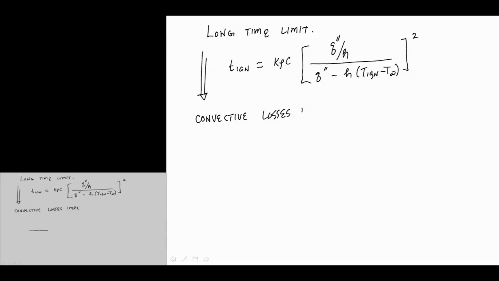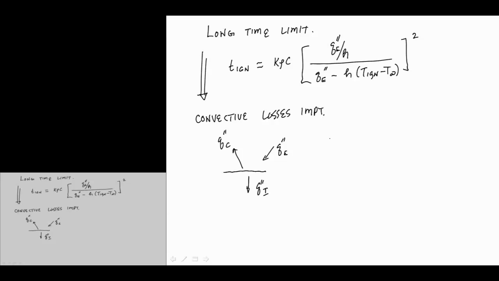So in the long time limit, you have this Q external. I'm going to put V here. You have this Q external, and now I'm going to say that there's a Q internal, and there is a convective, Q convective, Q_C.